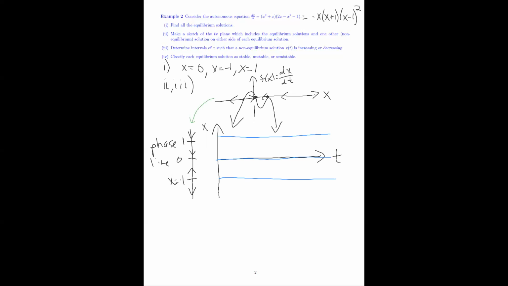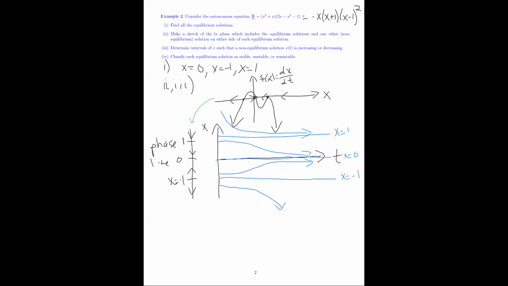And this tells us what our non-equilibrium solutions do on these regions. And so we'll draw those in now. Okay, so we've really finished part 2 here at this point.